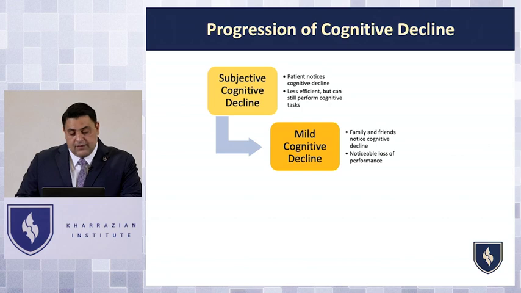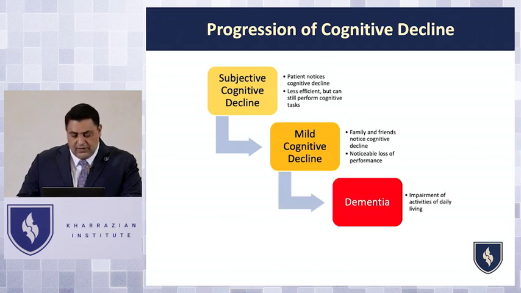Mild cognitive decline is where their friends and family are noticing cognitive decline, and they're losing performance. So this has really impacted their work function, their career function, their family life. This is where it gets much, much more serious. And this is where you're starting to see early signs of neurodegeneration. And then when it comes to dementia, this is where there's impairment of activities of daily living.